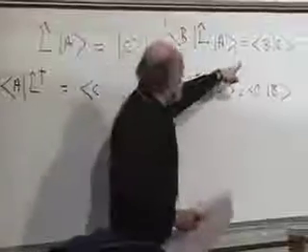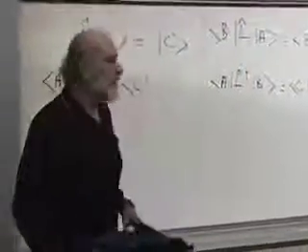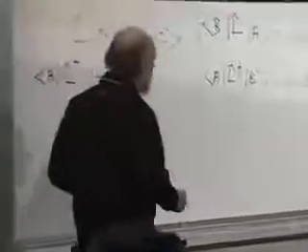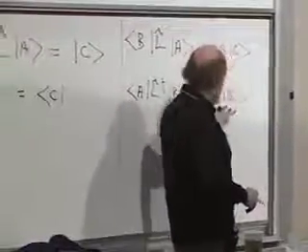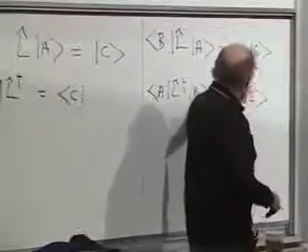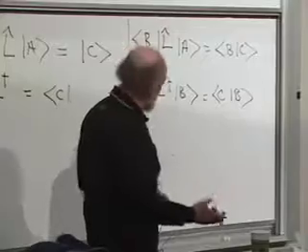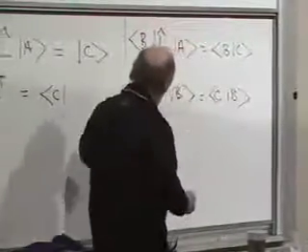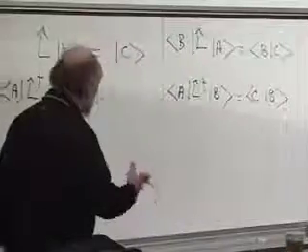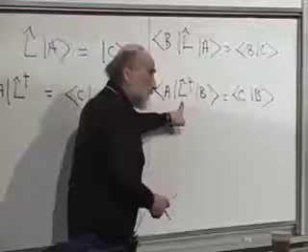Now what's the connection between the two right-hand sides here? They're complex conjugates of each other. If I take the inner product of two vectors, but then I take them in the opposite order, invert bra to ket and ket to bra, then these are complex conjugates of each other. So these two are complex conjugates, and it follows that these two are complex conjugates. So now we can write down one of the connections between an operator and its Hermitian conjugate.